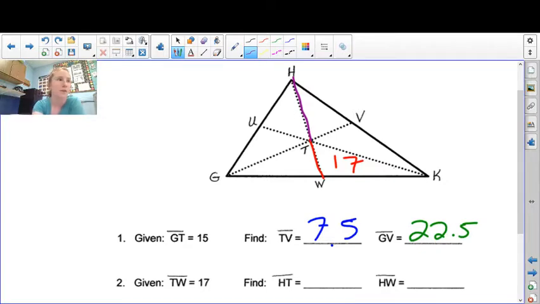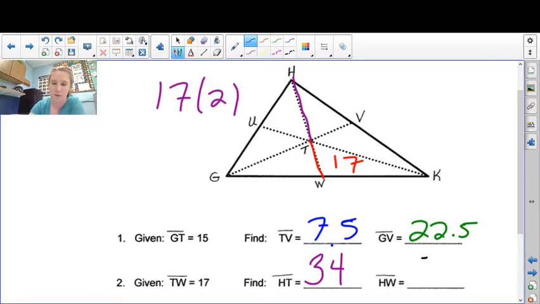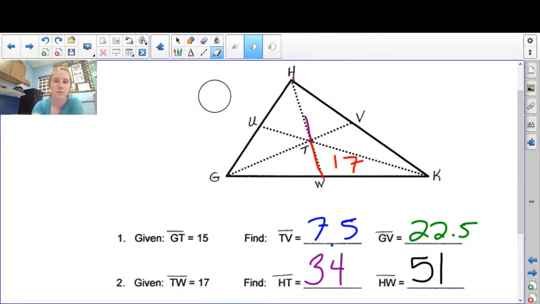So 17, oops, that's my face. Can't even tell I wrote there because it was behind my face. So 17 times 2 would give me 34. And then the whole distance, 34 plus 17, gives me a distance of 51.